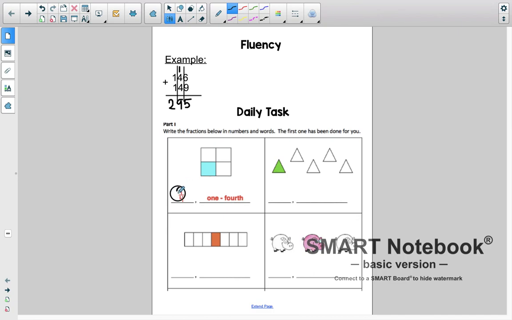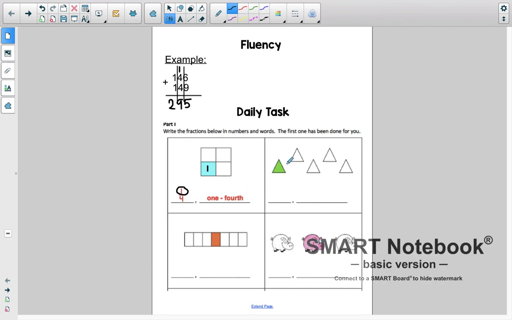The 1 is for how many squares are shaded, and we see that there's only 1 square shaded. And the 4 at the bottom is how many pieces are in all. 1, 2, 3, 4. So our fraction is 1/4. It's written in fraction form, and it's also written in word form, one-fourth.